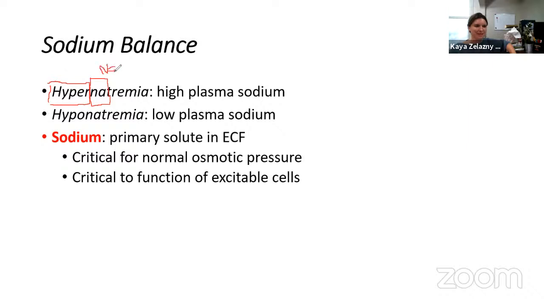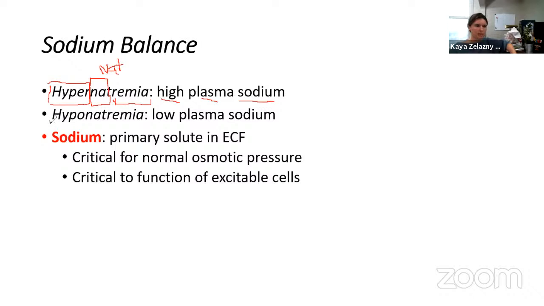So hypernatremia is for our sodium ion. Emia usually refers to the fact that there's something in the blood, right? Like, remember the word anemia, right? Anemia had to do kind of with hemoglobin and iron in the blood. All right, so hypernatremia, it's high sodium in the plasma.